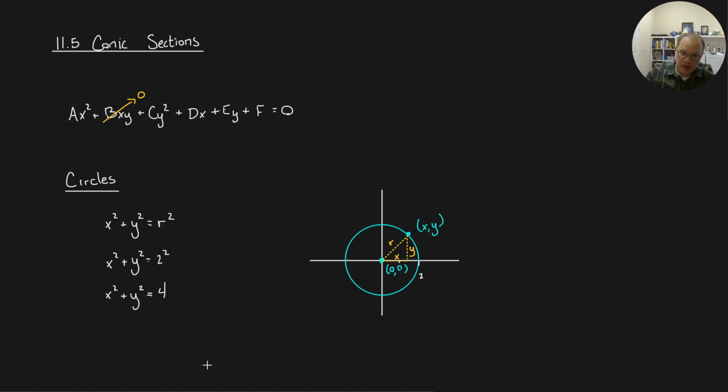Now, this is a particular example with the center at the origin. We'll deal with centers not at the origin a little bit later. Okay, but let's just do one example just so we can see. Let's graph this circle. x squared plus y squared equals 25 fourths. Okay?